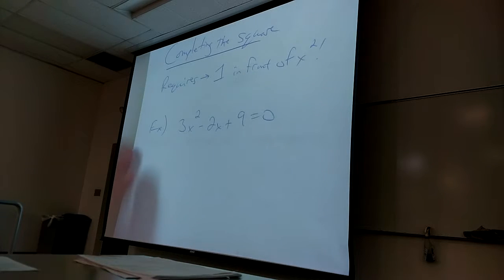And I said, use completing the square. Now, if I say use completing the square and you use the quadratic formula, I don't care if the answers are right or not. You're going to lose almost all the points, if not all of them, because you didn't do what I asked, right? That should make sense.